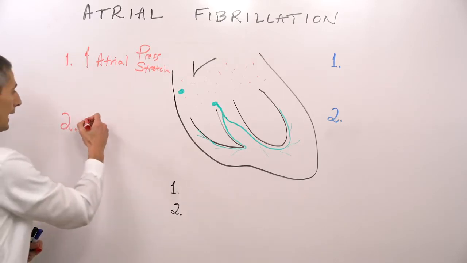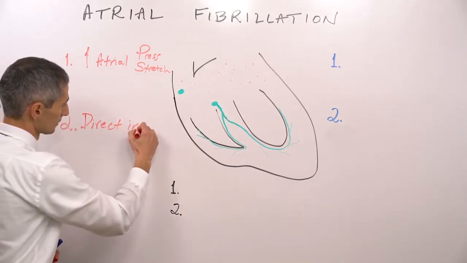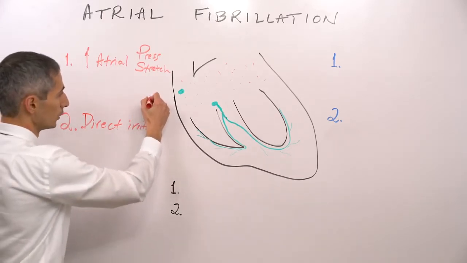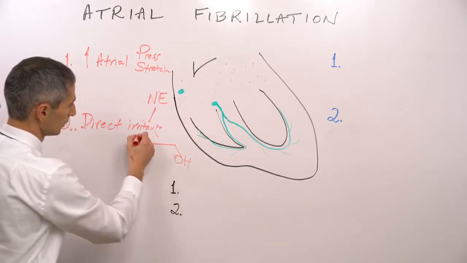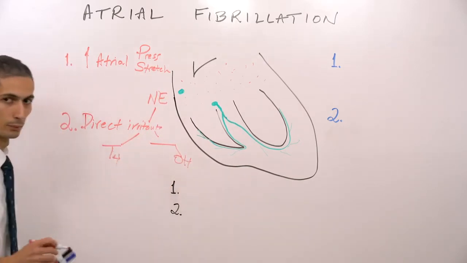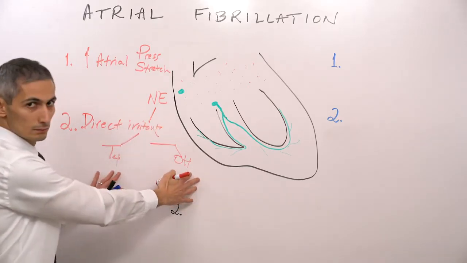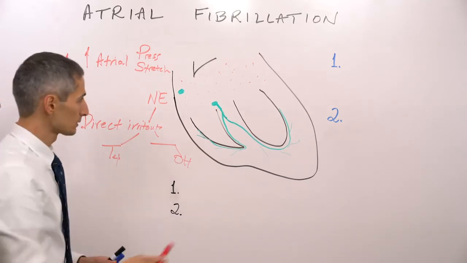The other broad category is direct atrial irritants. A couple of examples of those are norepinephrine, ethanol, or thyroid hormone. These stand for themselves as pretty unique and narrow entities.